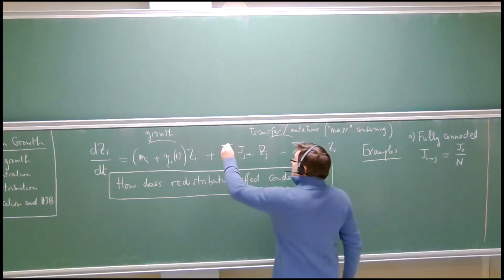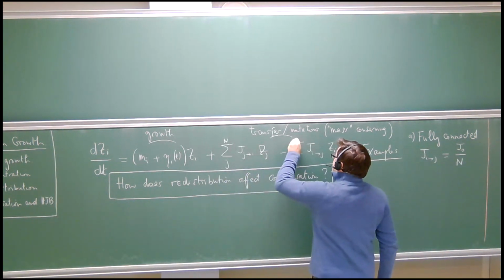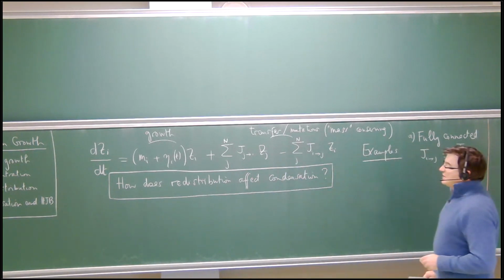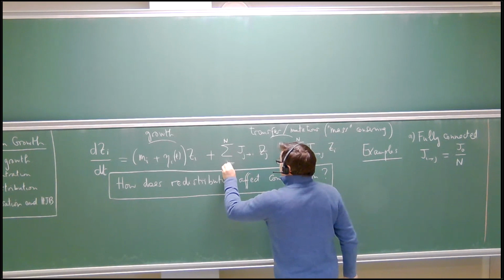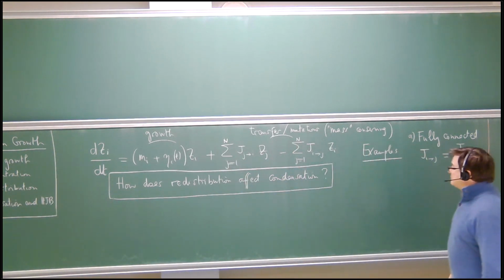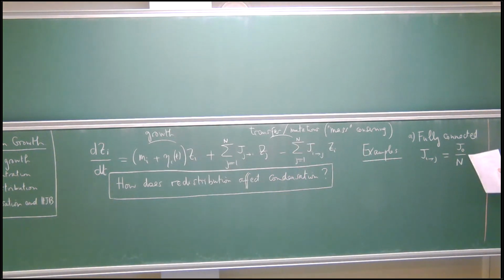So I'm going to specify the fact that there's an N here, with the same notations as last time. And the 1 over N is going to be needed in order to have a well-defined model in the limit when N goes to infinity.